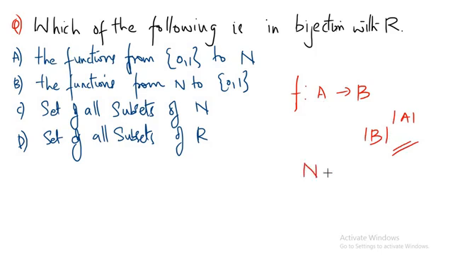The cardinality of the set of natural numbers we take to be aleph-0, and the cardinality of R we take to be C, the continuum. Suppose you take the set of all subsets of N; we get 2 power aleph-0 as the cardinality. If you take the set of all subsets of R, we get 2 power C, where C is the continuum.